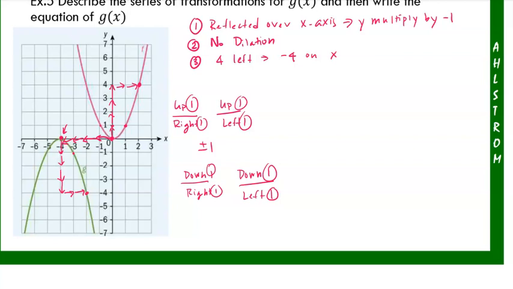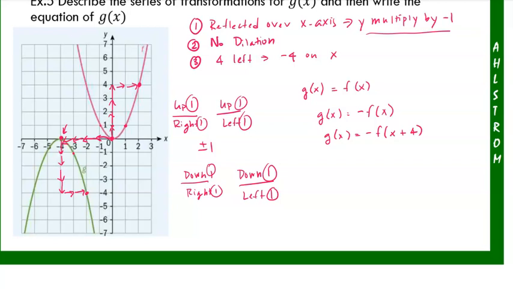Now let's go ahead and create our g of x. I could write this as a universal function, f of x, multiplied by a -1. So g of x equals negative f of x. And then move left, g of x equals negative f of x plus 4.